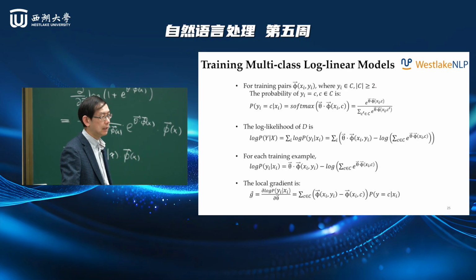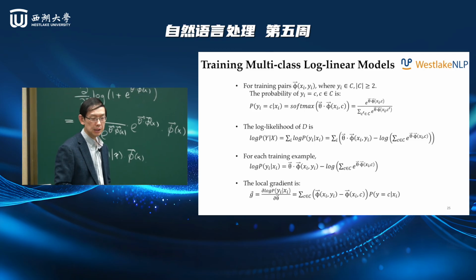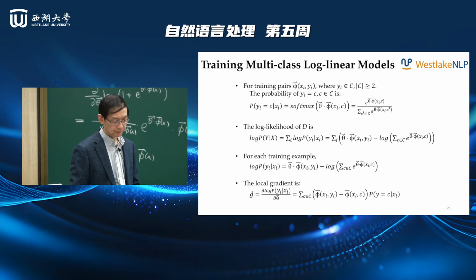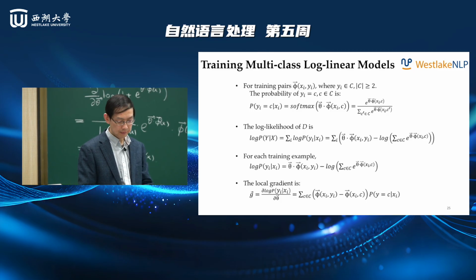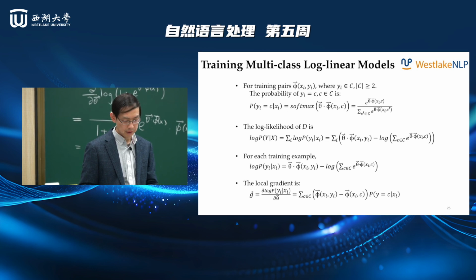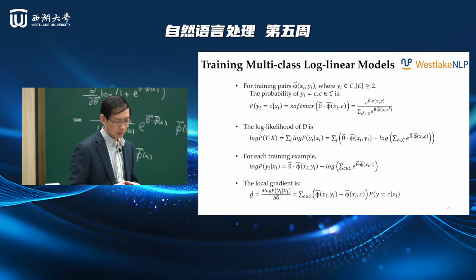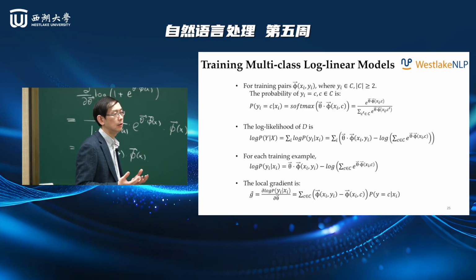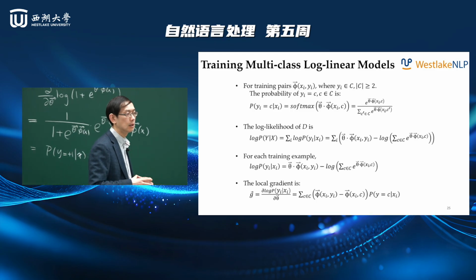So for multi-class classification, we have the parameterization over a softmax function. Okay, so this is how the model calculates the probability. And then we can train the model in the same way as the binary case.